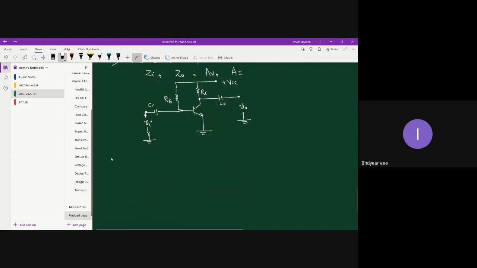Now, step 1: isolate DC conditions. In step 1, we are supposed to isolate DC conditions. That means we are applying the superposition theorem.